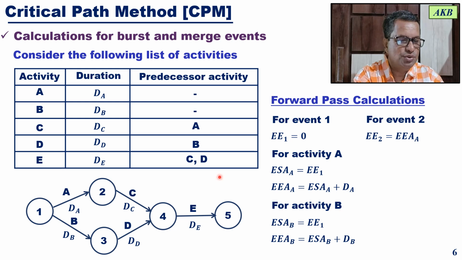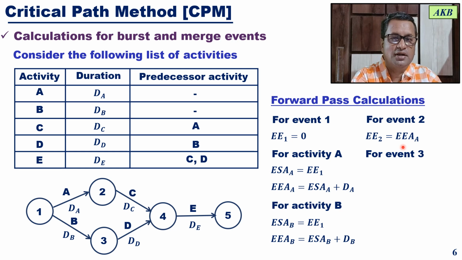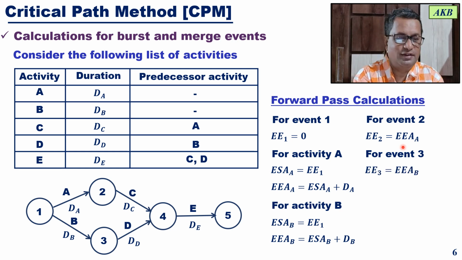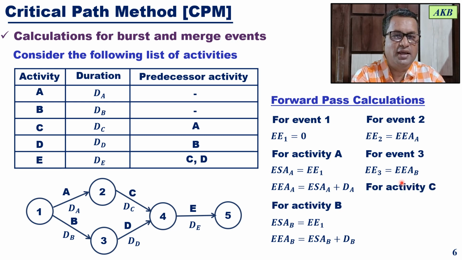For event 2, the earliest event time will be the earliest end time of activity A. Similarly, for event 3, the earliest event time will be the earliest end time for activity B. So EE2 is equal to the earliest end time for activity A, and EE3 is equal to the earliest end time for activity B.